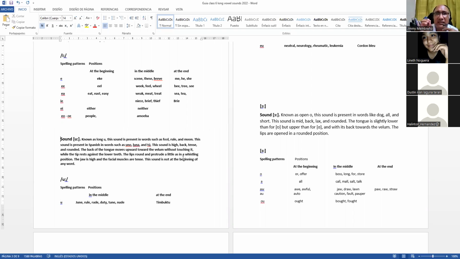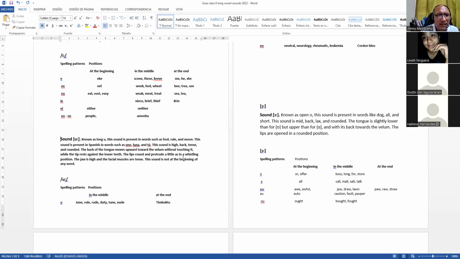Okay, and it's tense, it's not relaxed, it's tense. Okay, and the back of the tongue moves upward toward the velum without touching it. So I say ooh, in this case, the tongue is in the middle, but it's not touching. It's not touching anything. So it's like in the middle, right?